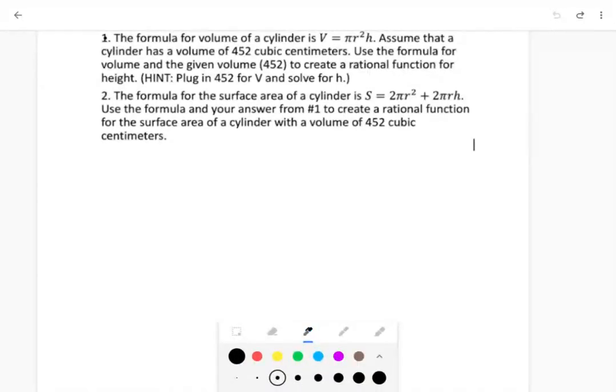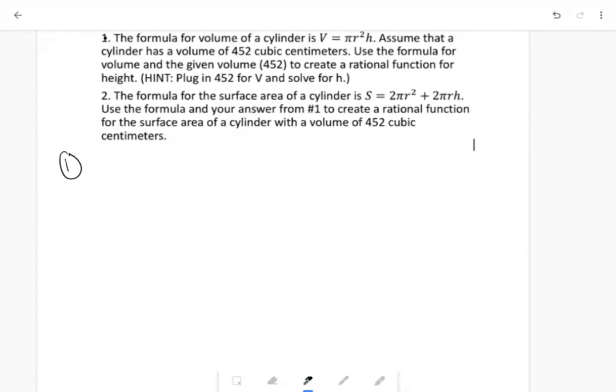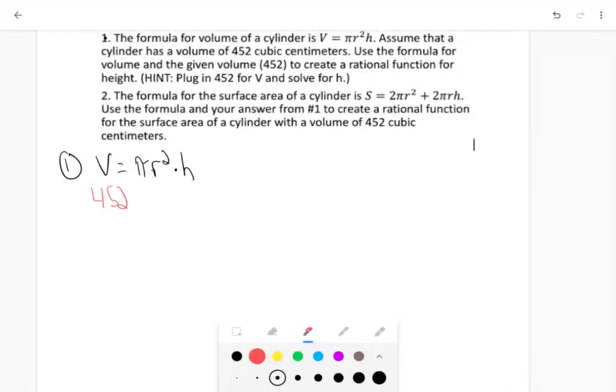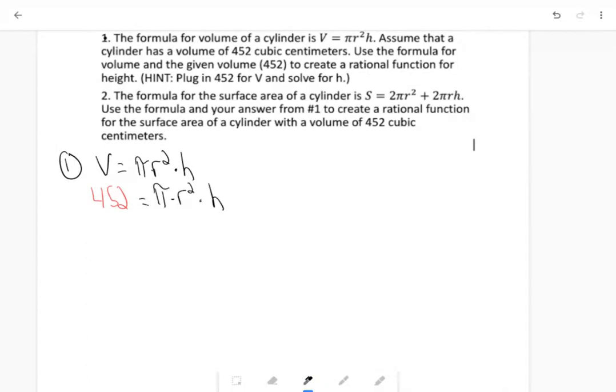First thing we're going to do is take our formula for volume, pi times r squared times h, and plug in 452 for V. So 452 equals pi times r squared times h. So plug in 452 for V and solve for h.